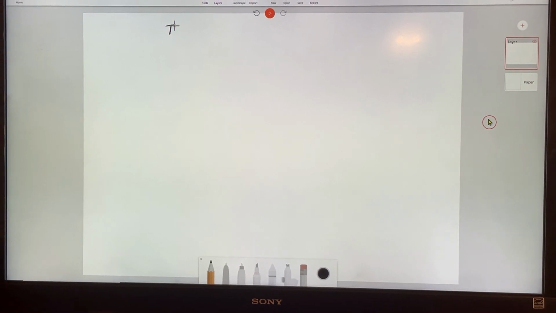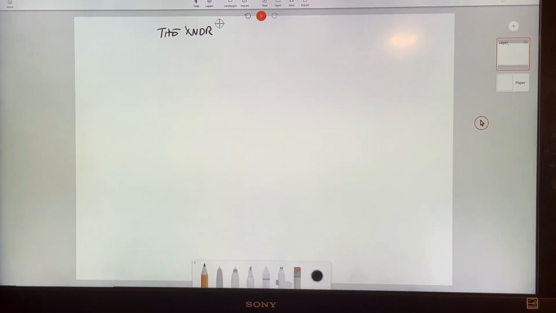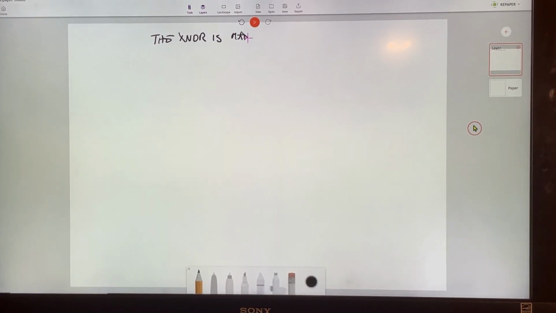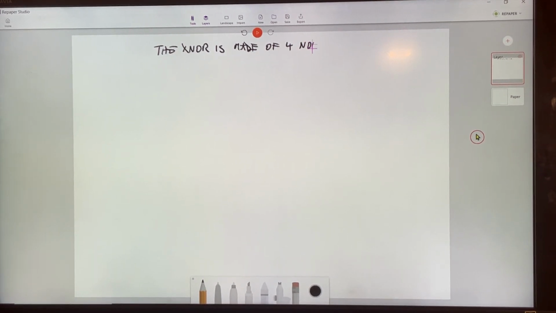Right here, the XNOR, which is the exclusive NOR, is made of 4 NOR gates.